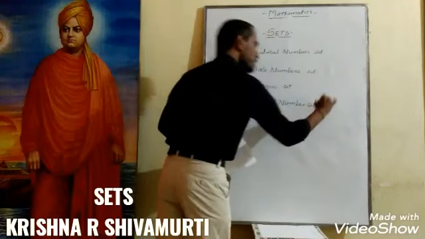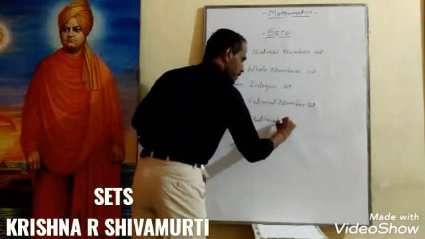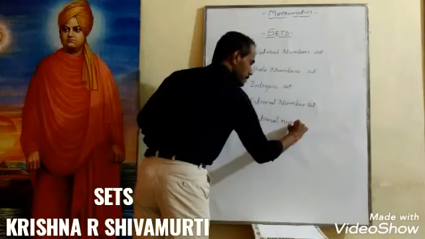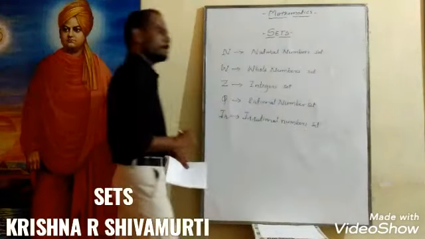And R with a bar, IR. See students, this is the only set where two alphabet symbols are used; in all the rest of the sets they use only one. This is the irrational numbers set.